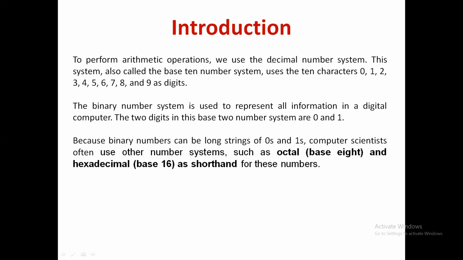This is what we use for representing numbers in general. Whenever we perform arithmetic operations while writing programs, we use this decimal number system. This system is also called the base 10 number system, with respect to the base of the corresponding number system.